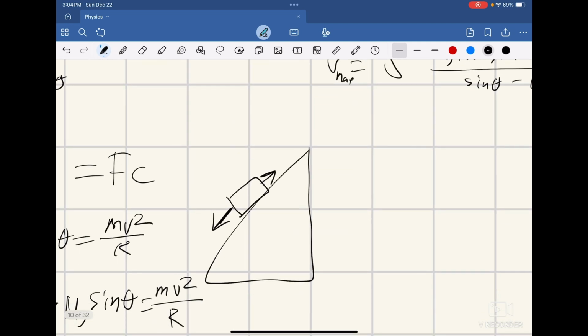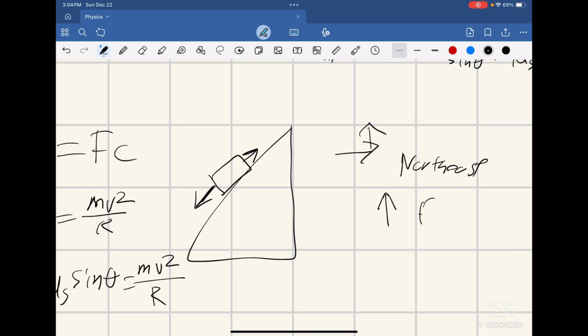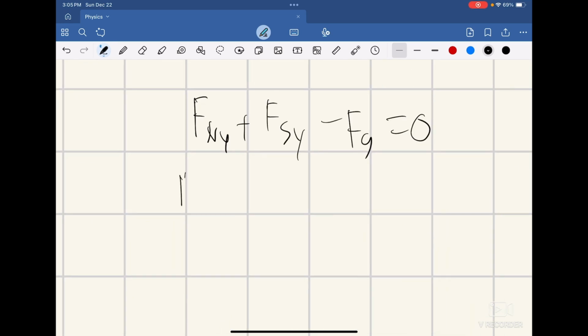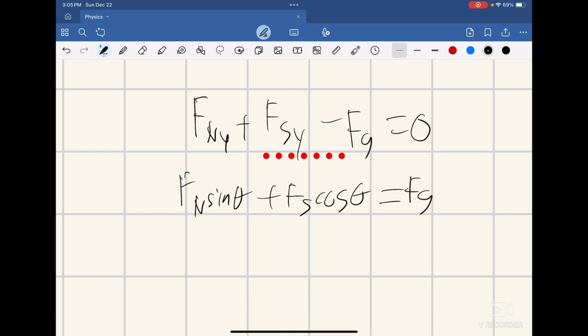Because as you can see here, this is going northeast, it's going in the upwards direction, and Fn is in the upwards direction, and Fg is in the downwards direction. So Fny is given by Fn sine theta plus Fs cosine theta is equal to Fg, and Fn sine theta plus Fn mu s cosine theta is equal to mass times gravity.